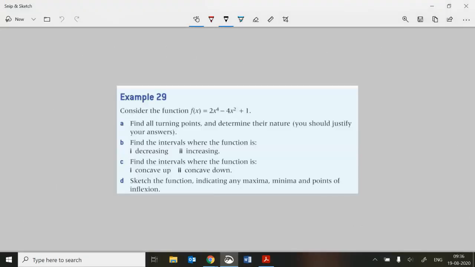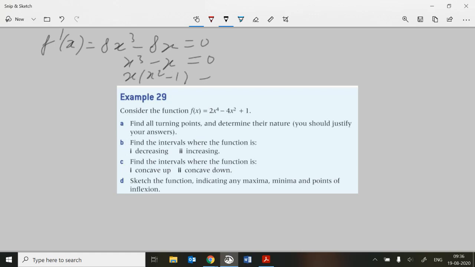Okay, so it says consider this function, find all the turning points and determine their nature. So first of all, that's nice and simple. We can just say f dash of x is equal to 0. So we've got 8x cubed minus 8x. We're setting that equal to 0, so we can divide by 8, and then we can take out x as a factor.